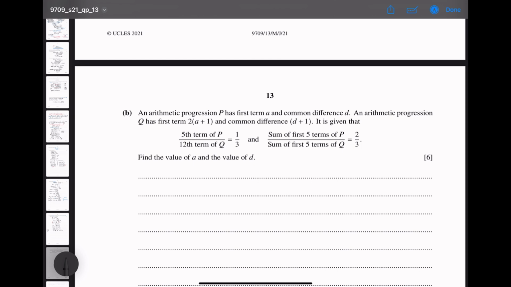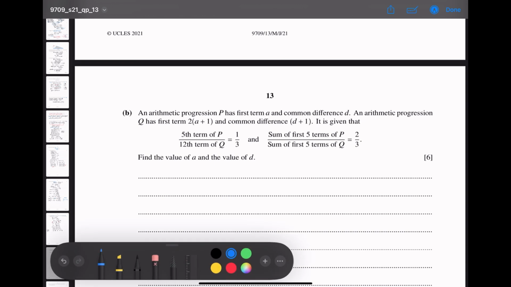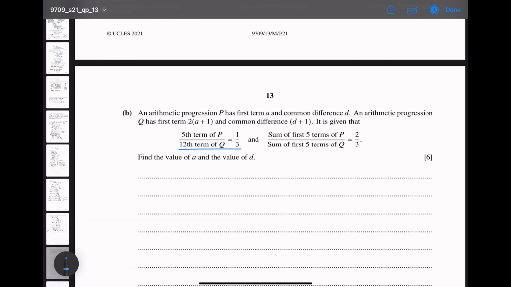in A and D, and also there is another ratio: the sum of the first 5 terms of P over the sum of the first 5 terms of Q is equal to 2 over 3. So we get two equations, one from here and the other from here. In the first case, we will use the nth term formula.